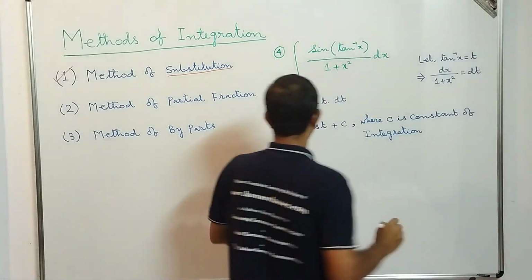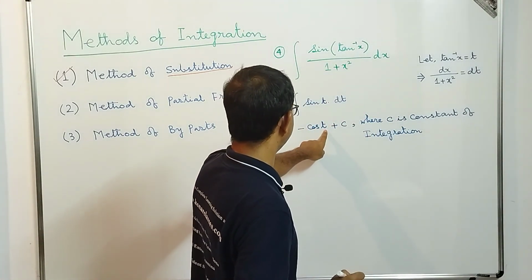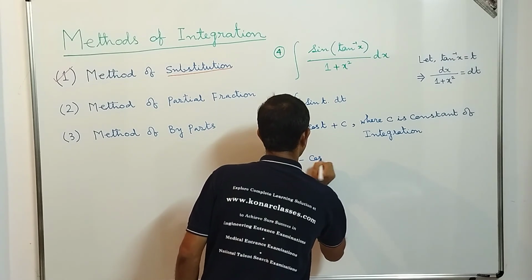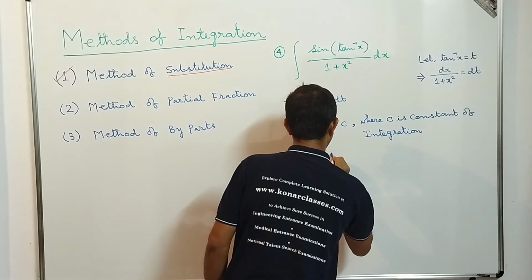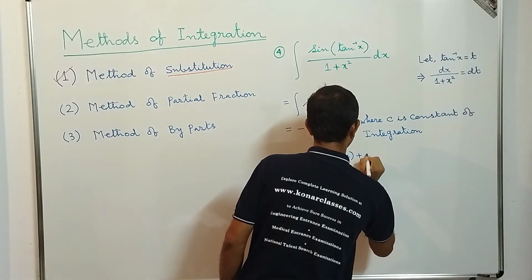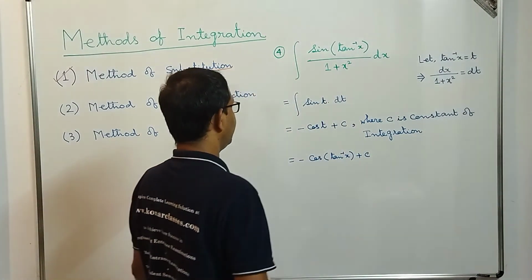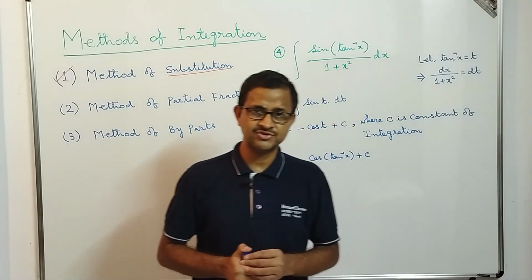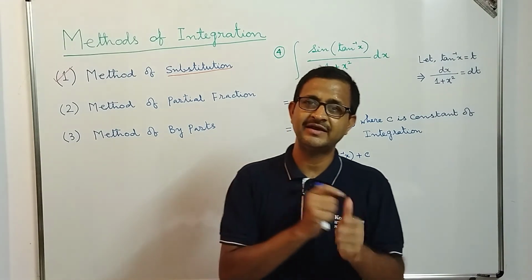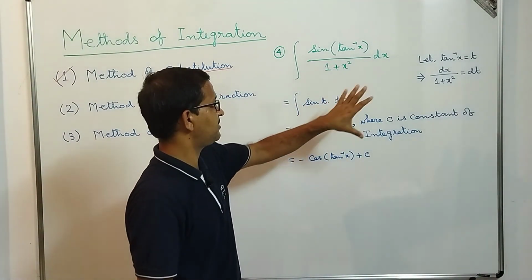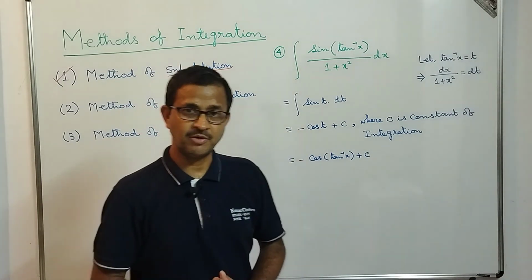Now we need to replace back the value of t, so that is equal to minus cos of tan inverse x plus c. So we solved 4 questions, and you got a very clear idea of how you can apply the proper substitution to get a proper result.